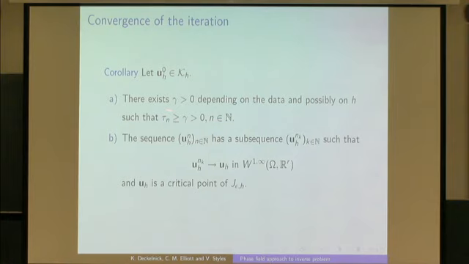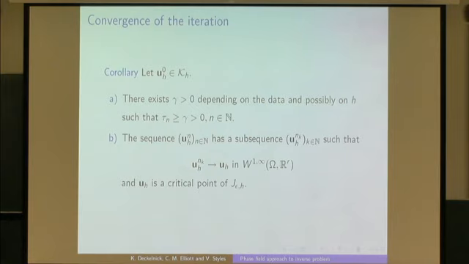This constant gamma may depend on h, but in this setting we have fixed h and we fixed epsilon. Then you can prove that the sequence of iterates which you generate has a subsequence which converges to a critical point. So this is guaranteed to converge if you satisfy these time step constraints. And so this is in some sense the theoretical part.